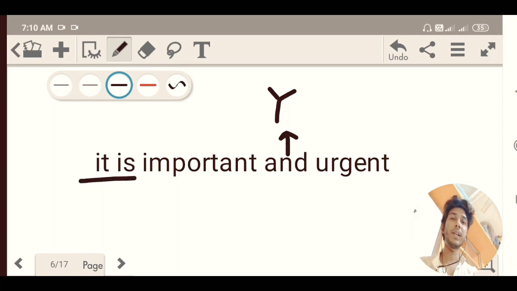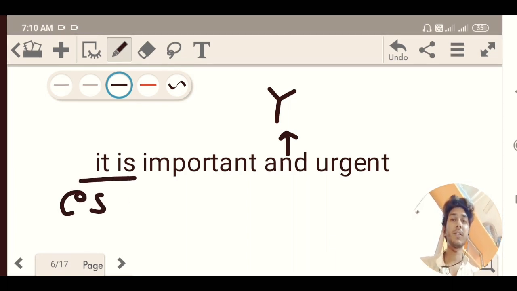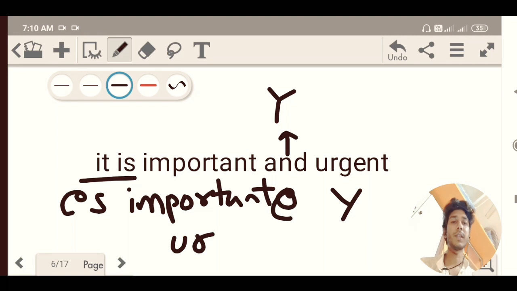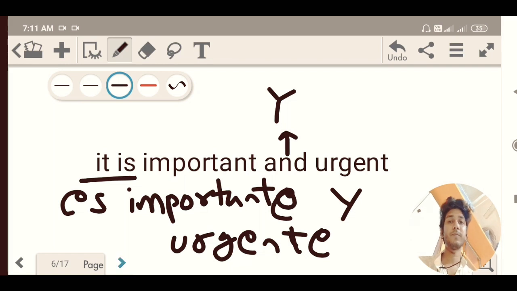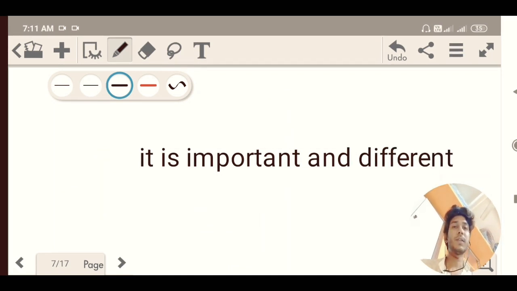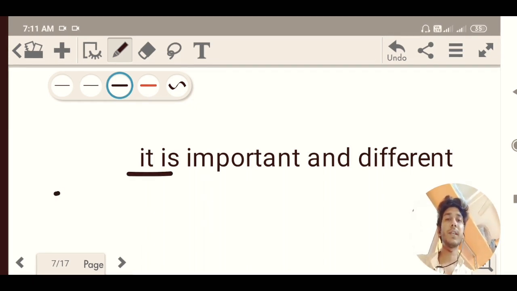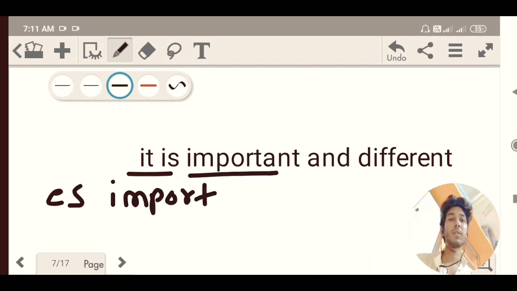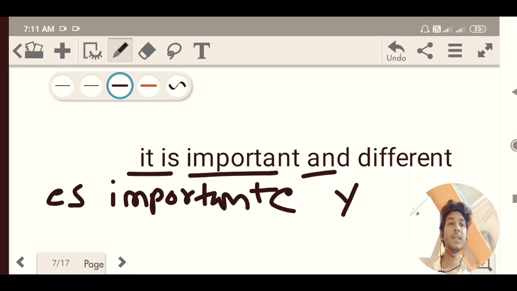So the word for "it is" is es, important is importante, and "and" is y, urgent is urgente. Now the sentence "it is important and different": es importante y diferente.